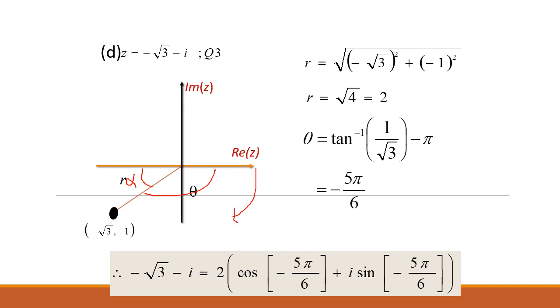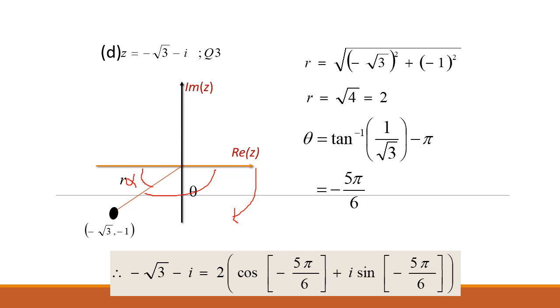If we follow the steps, this alpha is actually arctangent of 1 over √3, right? Positive, because we have the modulus. And then to find theta, we put negative of pi minus arctangent 1 over √3. After expanding the negative, we get arctangent of 1 over √3 minus pi. So the answer here is negative 5 pi over 6.